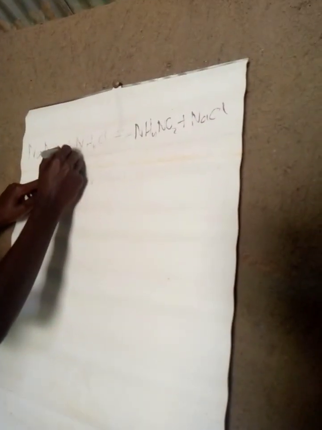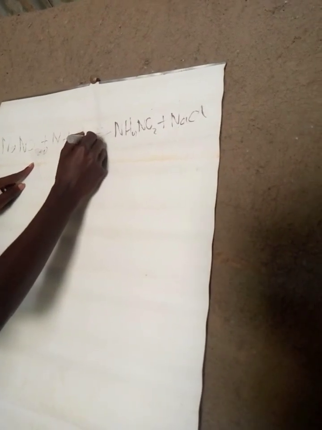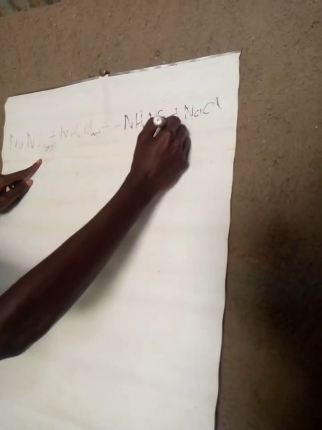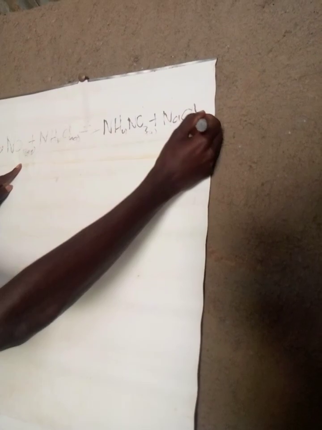The equation must be balanced. And in this scenario, the equation balances itself. The state symbols are both aqueous.